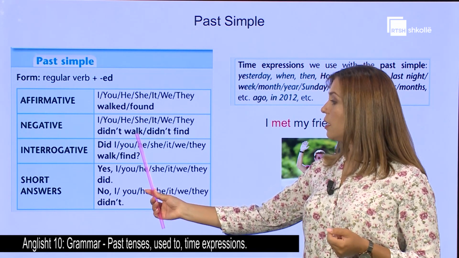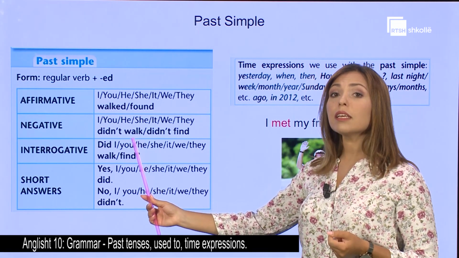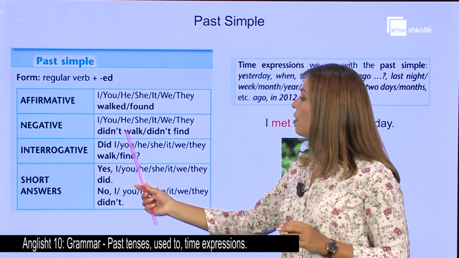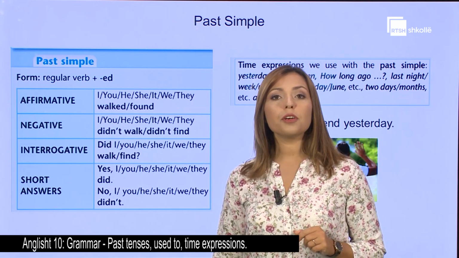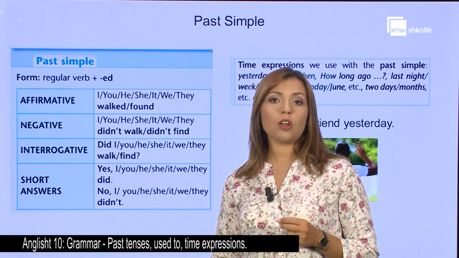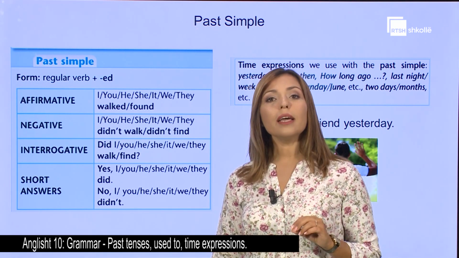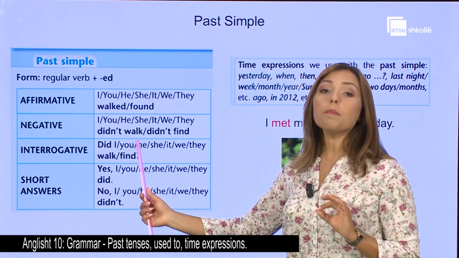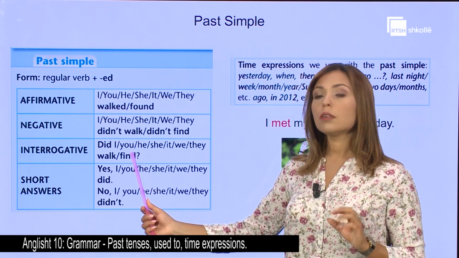As we can see, there is no more ending, no more ed now, because we have the auxiliary verb, the helping verb, did not. So, I did not, I didn't, and simple verb, walk.